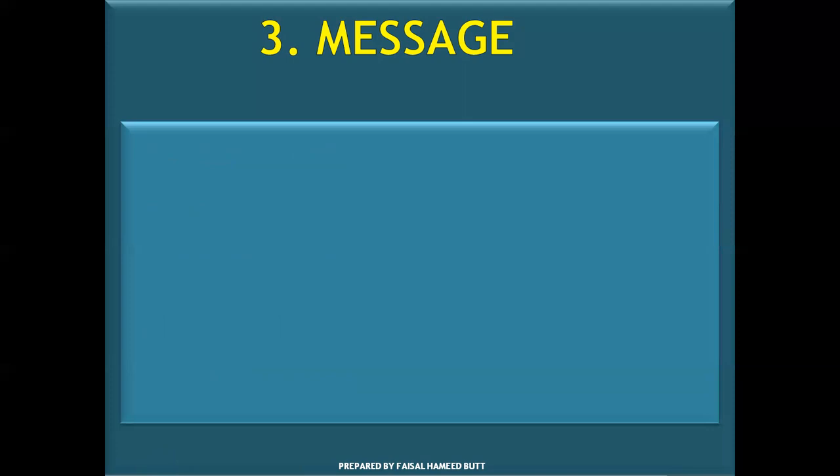It is existing information in a mind, right? The information that exists in a mind is called meaning. Second one is symbol. Symbol can be any word, any action, any sound that presents meaning.